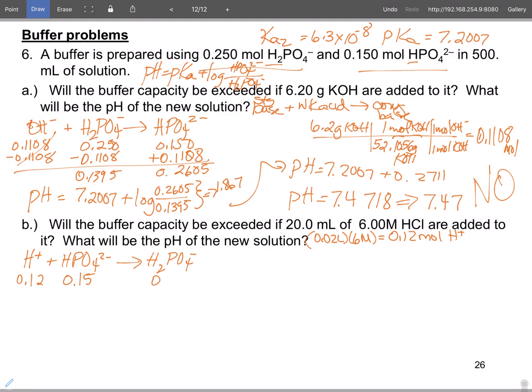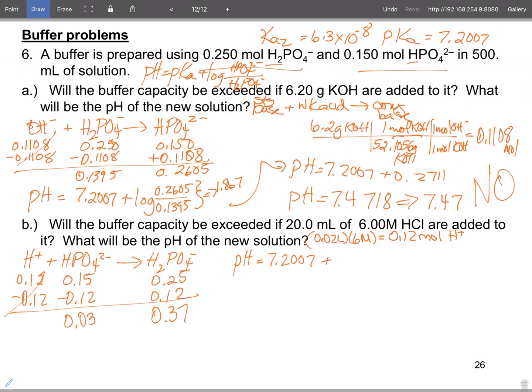And this one is 0.25. So we're going to subtract it here and add it over here. So when we look at it, again, that should be empty. So it's 0.03. And it's 0.37.